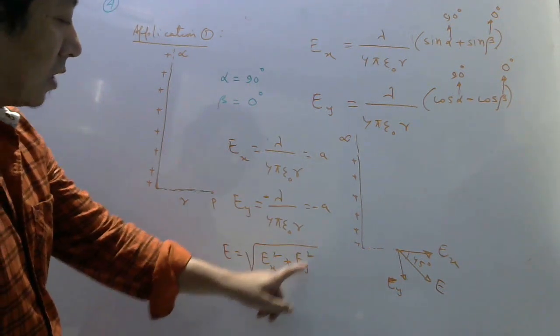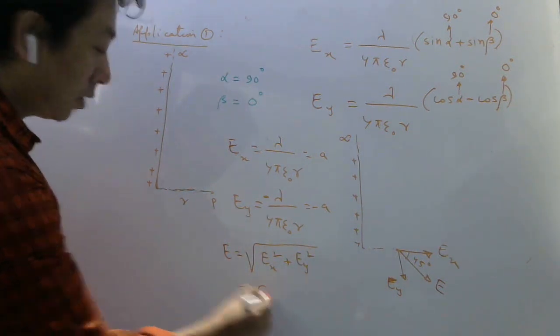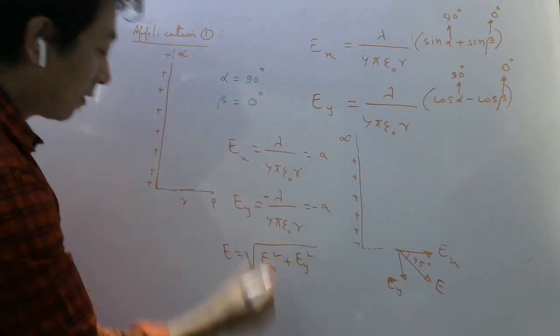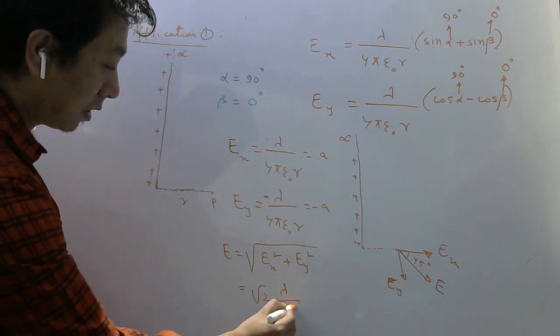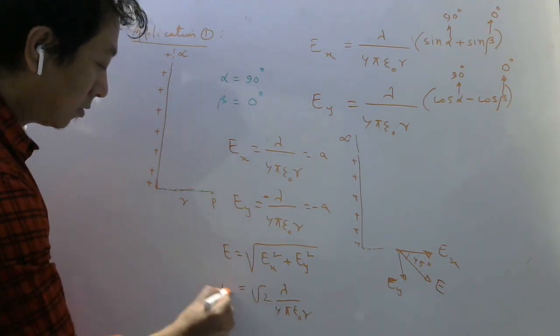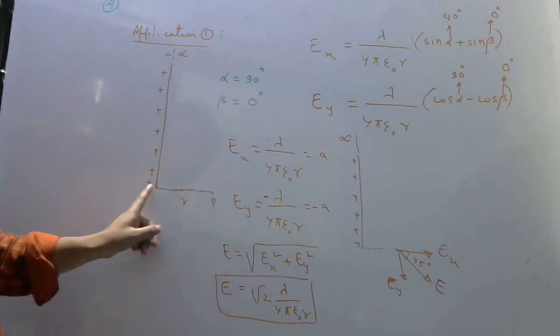A square plus minus a square, that is plus a square. So you will get root 2 a, that means root 2 times lambda divided by 4 pi epsilon naught r. So that is your total electric field near this end.